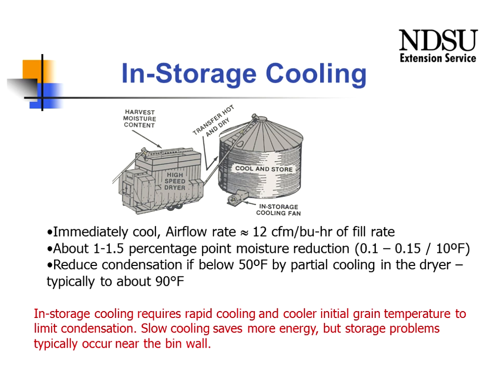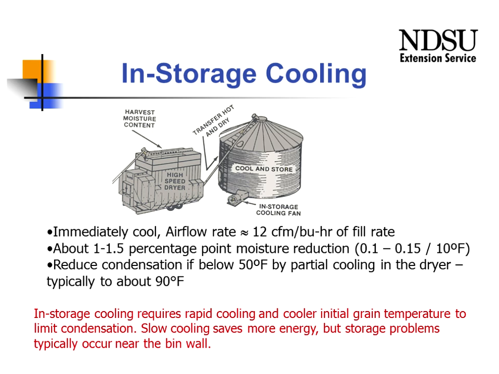The other option that we have is called in-storage cooling. Here, rather than leaving the corn sit for that 4 to 6 hours before it's cooled, we're cooling the corn immediately. To do that, we need an airflow rate of about 12 CFM per bushel per hour of fill rate.